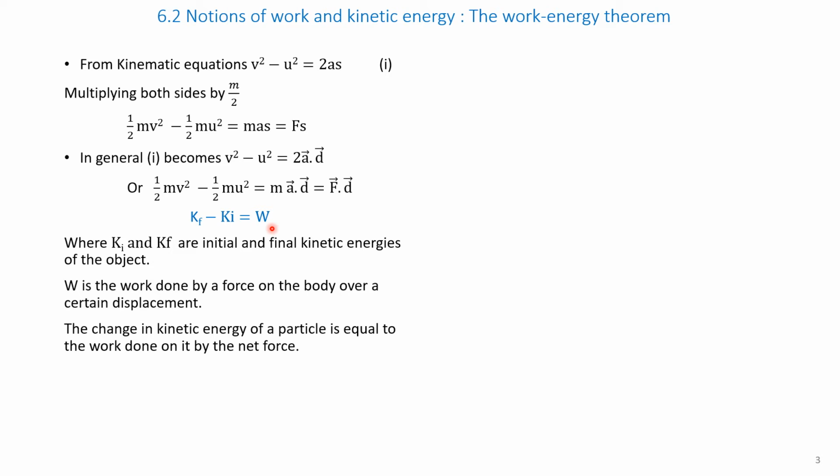The change in the kinetic energy of a particle is equal to the work done on it by the net force. Thus, we have proved that Kf minus Ki is equal to W.